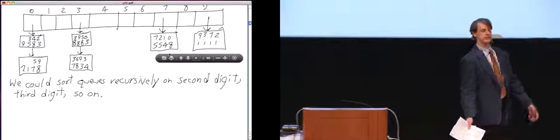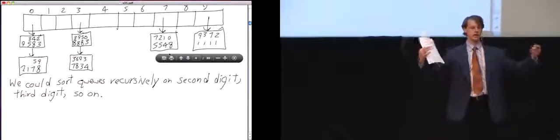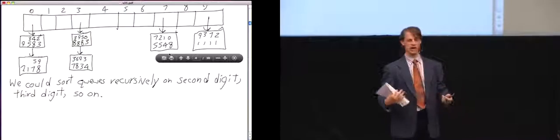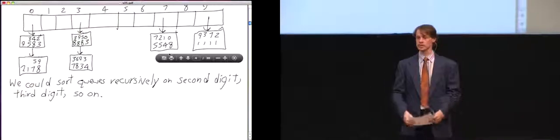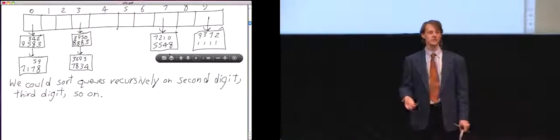Turns out that this is not the ideal thing to do, though. The reason is you're breaking the big queue into smaller and smaller queues, and you wind up calling this recursive method many, many times.